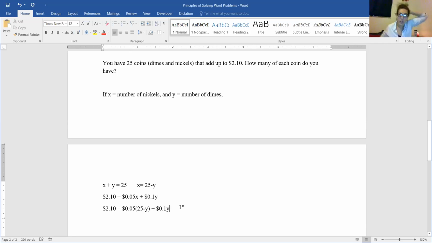We want to combine the terms that have y in them. And we simply multiply 0.05 times 25 and then 0.05 times minus y. Does that make sense? It's 0.05. Okay, so now we'll do that.